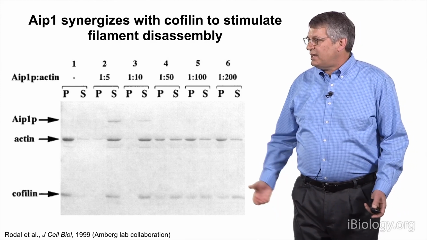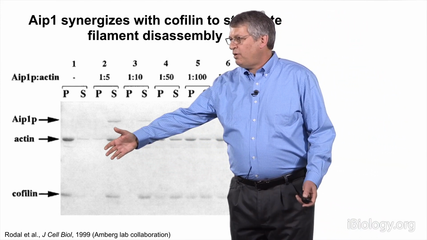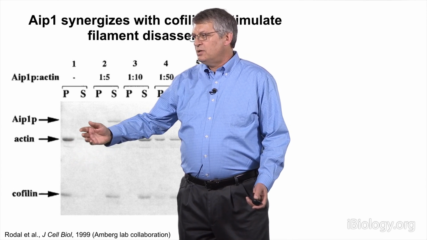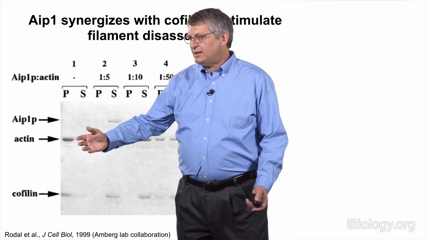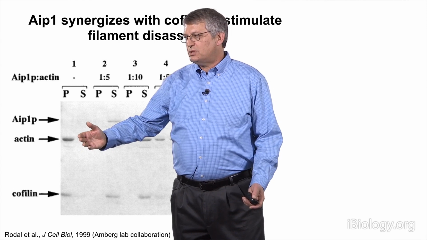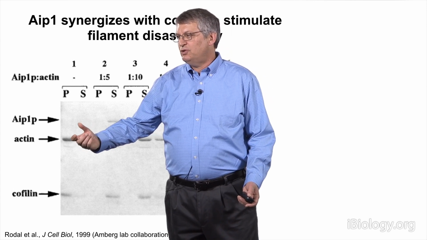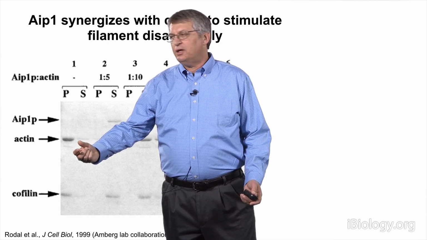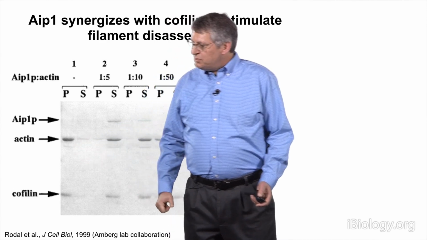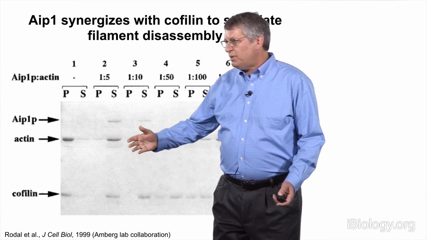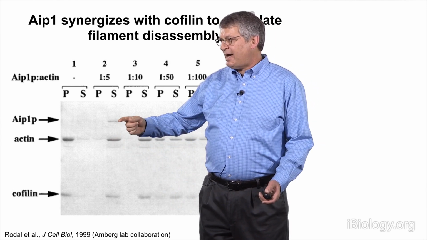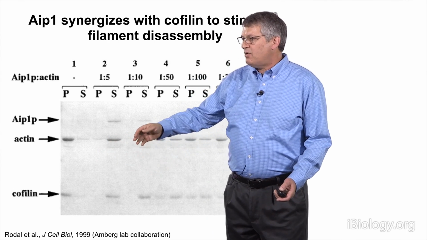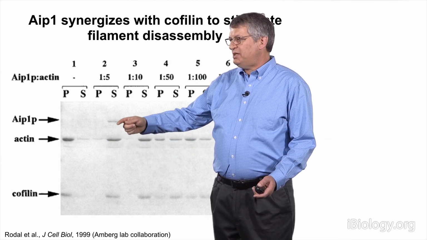In this assay, you can add cofilin to actin filaments, and cofilin will sever the actin filaments, but the filaments will still pellet in an ultracentrifuge because the actin has been broken into short fragments, but there's still oligomers that will pellet. What was really interesting is that when Avi added AIP1 to the reaction that had cofilin and actin, now the actin moved completely to the supernate.